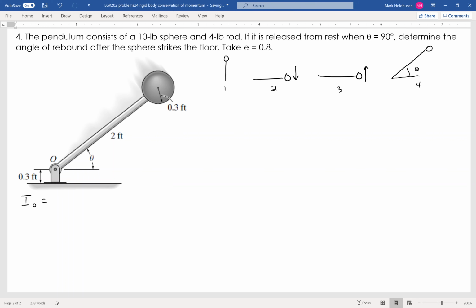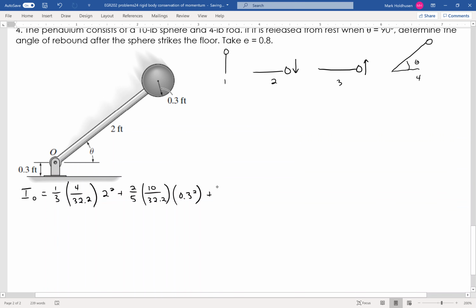Okay? It consists of a rod and a sphere. The rod about its endpoint is 1/3 m L squared, where m is 4 pounds, L is 2 squared, plus the sphere, which about its centroid is 2/5 m, which is 10 divided by 32.2, r squared, which is 0.3 squared, plus I have to do parallel axis of the sphere, which is going to be that mass again, 10 over 32.2 times 2.3 squared.